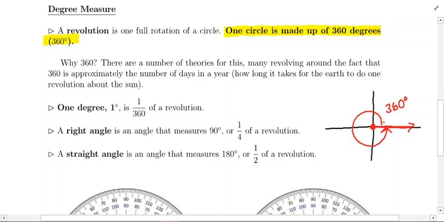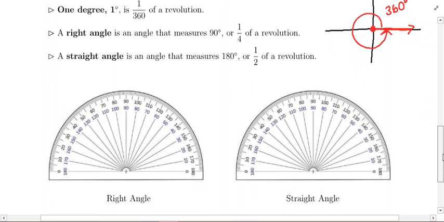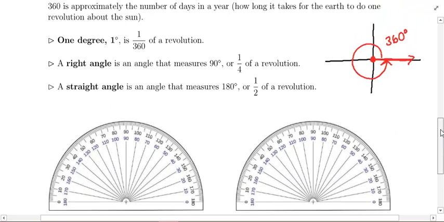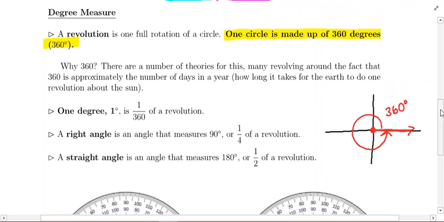If I took this circle and broke it up into 360 angles in standard position of equal size, one of those angles would measure 1 degree. You're probably familiar with using a protractor and looking at degrees this way. Every time you have one of those little tick marks, that's 1 degree. Hopefully this rings a bell from a geometry class or something.